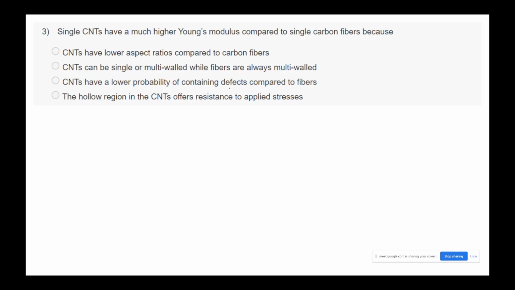Single CNTs have a much higher Young modulus compared to single carbon fibers. CNTs can be single or multi-walled, while fibers are always multi-walled. CNTs have a lower probability of containing defects compared to fibers.